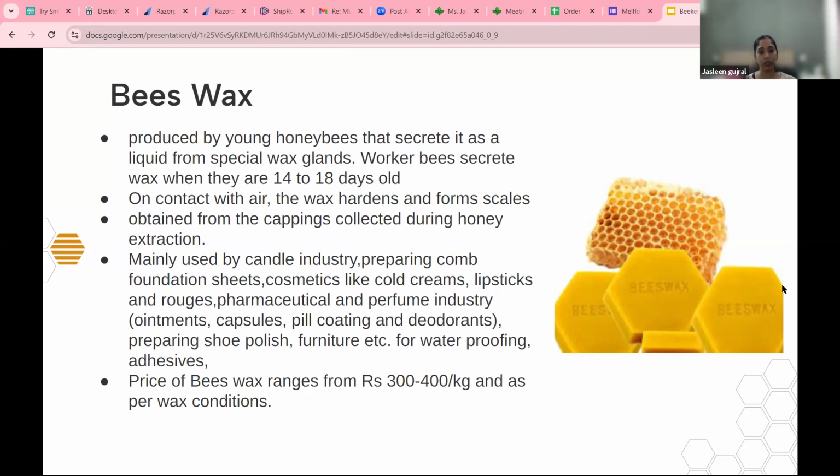The price of the beeswax ranges from 300 to 400 a kilo, as per the condition of the wax. The wax is sold either in pellets or small forms, or in blocks, so you can select as per your own preferences.